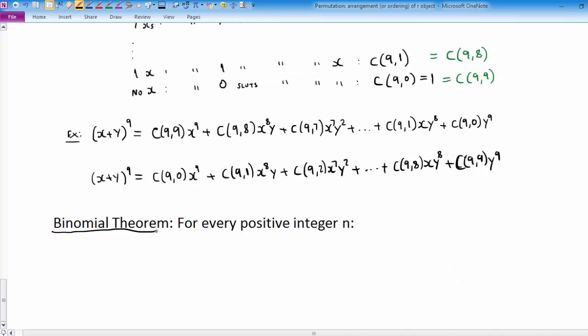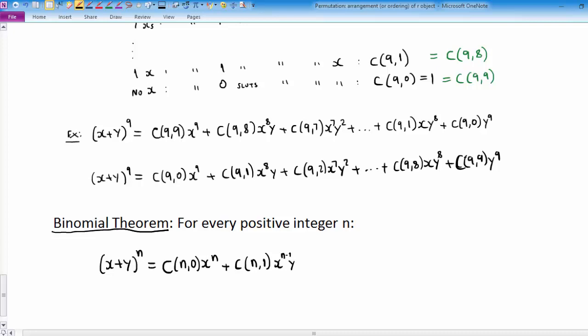And then here is the binomial theorem. For every positive integer n, this expansion, (x plus y) to the nth power, is given by C(n,0) x^n plus C(n,1) x^(n minus 1) y, right?